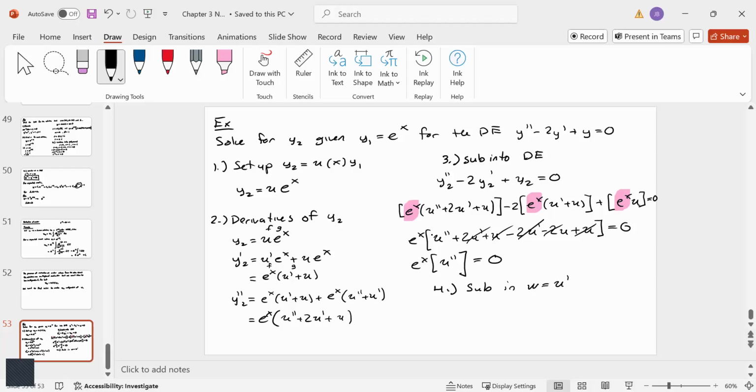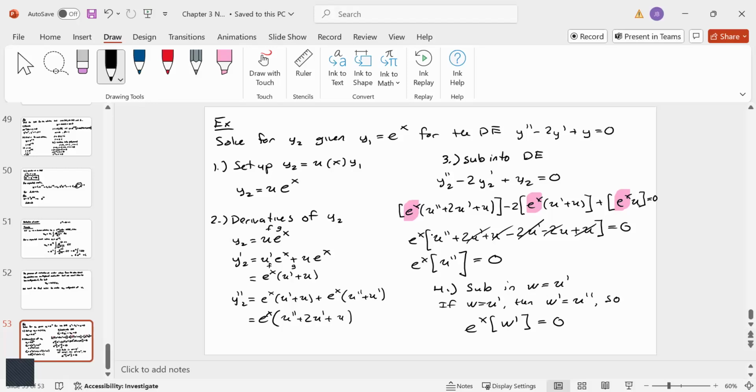So we're going to substitute w equals u prime into the differential equation. So if w equals u prime, then w prime is equal to u double prime. So e to the x becomes w prime times e to the x equals 0.